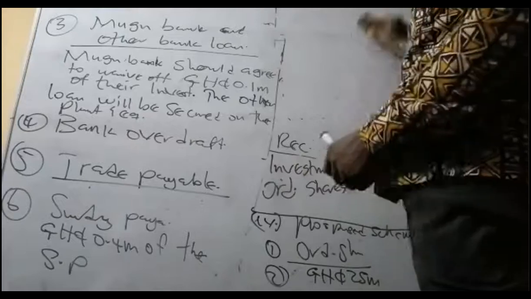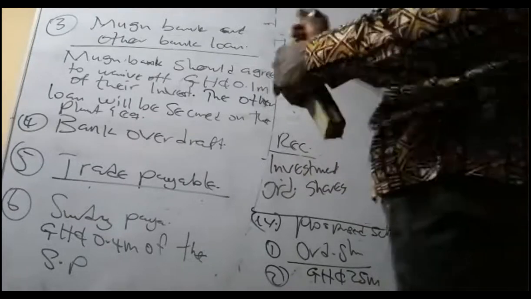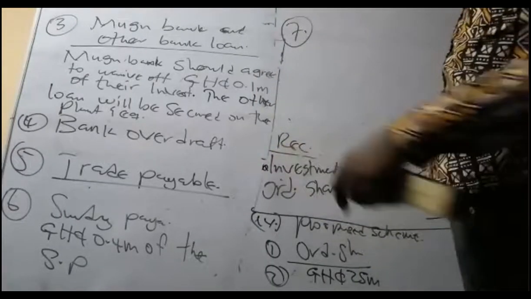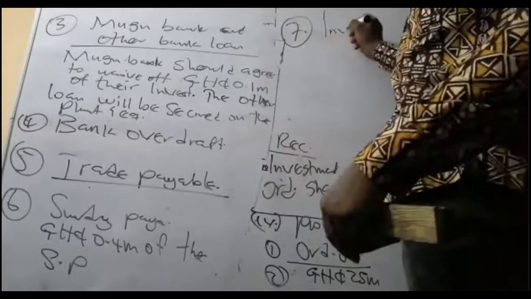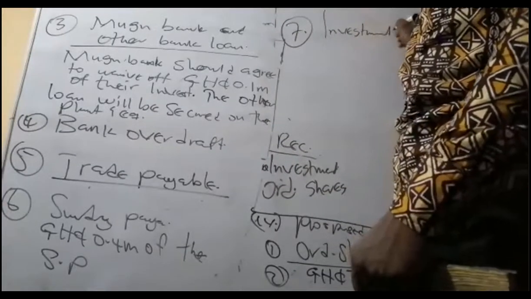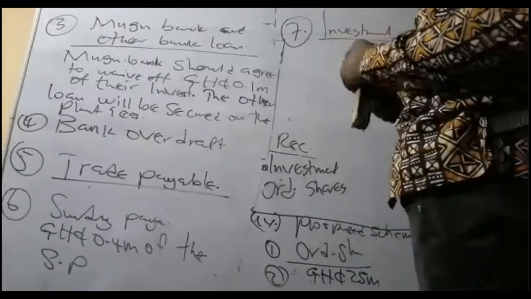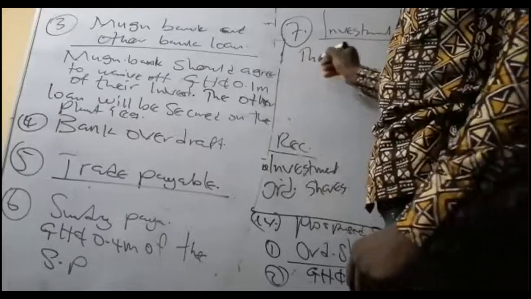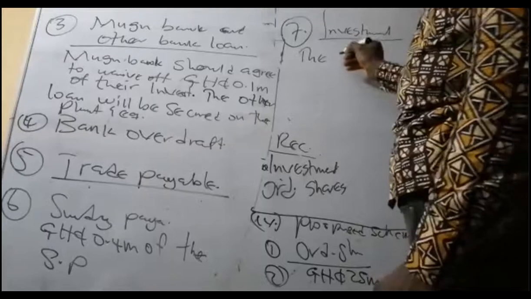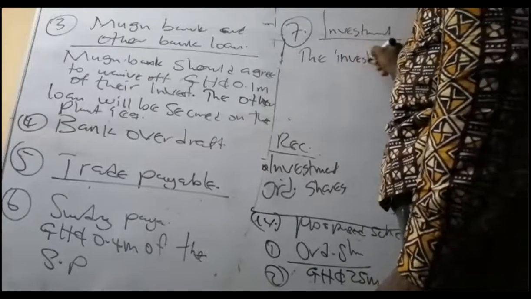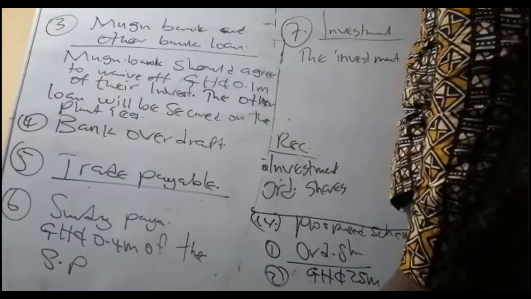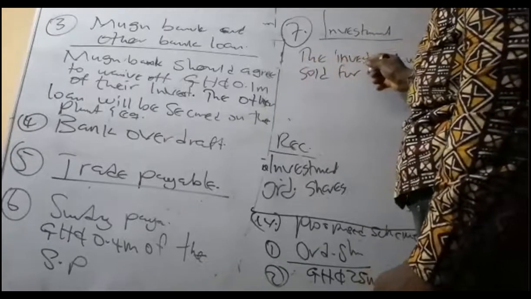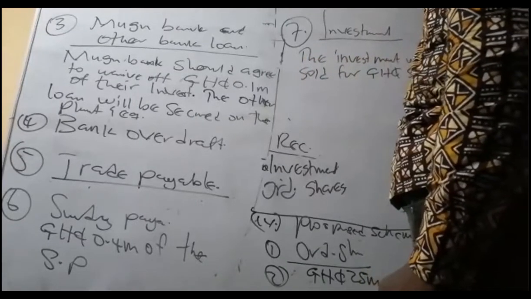Number 7, we can talk about the investments. We are going to sell the investments. So that note, the investment will be sold for Ghana cedi of what? 5.5 million.